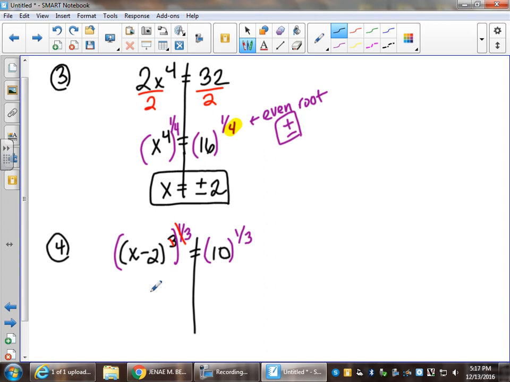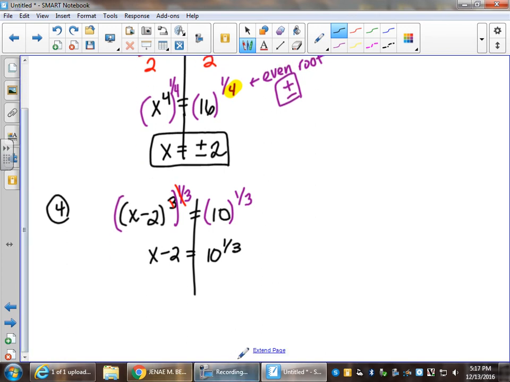X minus 2 equals 10 to the 1/3. And I'm going to ask that we work with a decimal solution here because we're working towards a single number as our answer. So in your calculators, 10 to the 1/3, the entry should be 10 caret parenthesis 1 divided by 3.